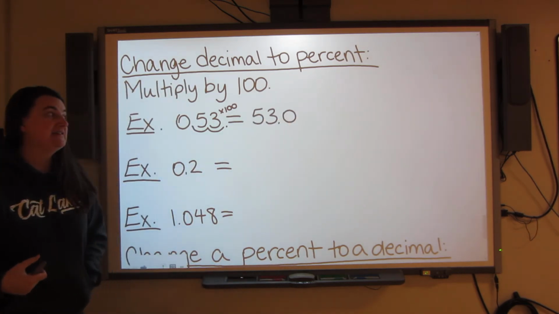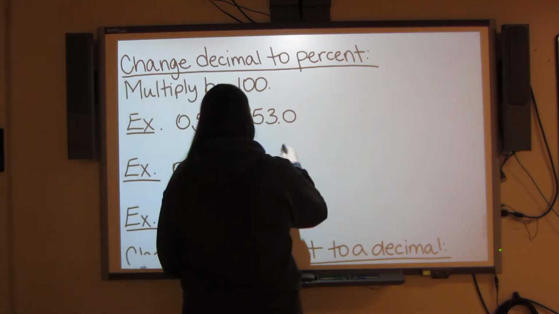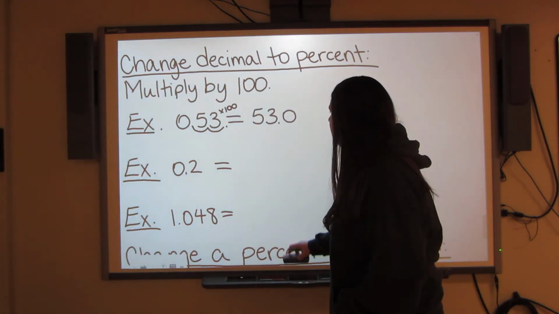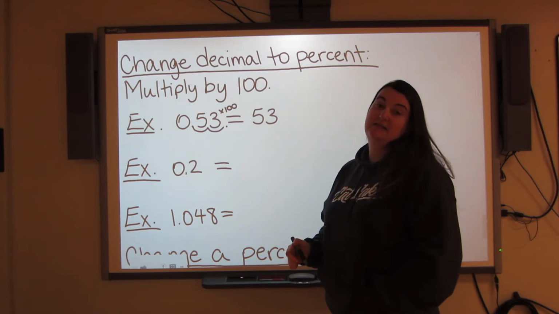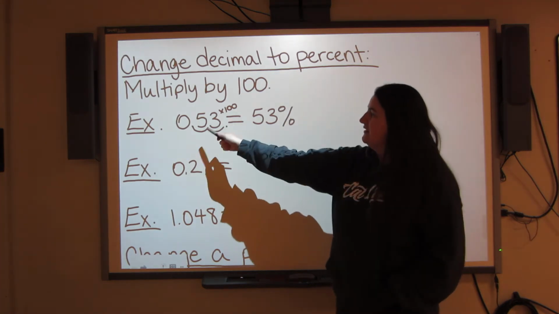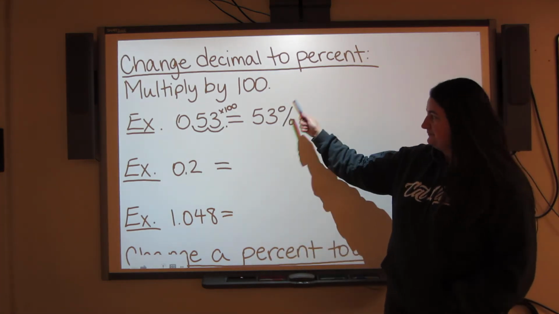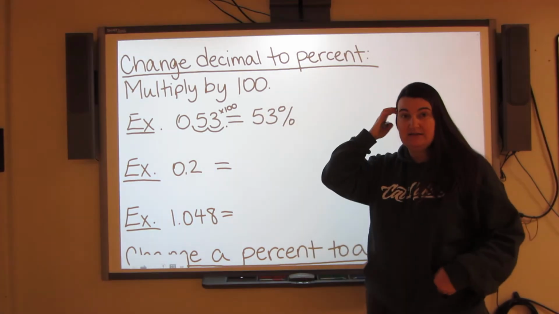Now you think about this, do I need the 0.0? No, I don't. There's nothing that comes after that decimal, so I am free to not have to write the decimal down, just put my percent sign. 0.53 times it by 100 to get 53%.